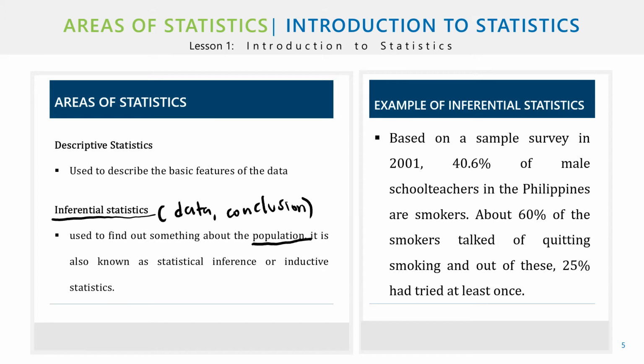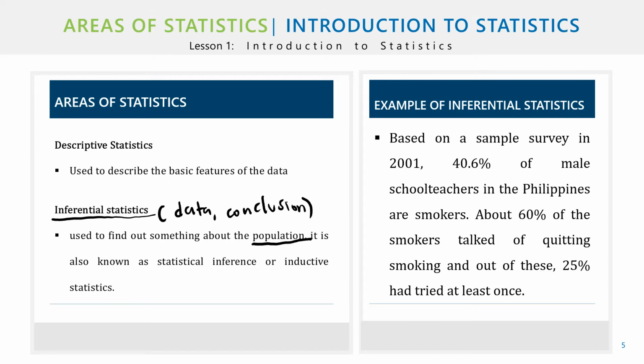Since there are inferences about the population, di ba meron tayong population na kinuha, and based on the sample data, ano yung sample data na kinuha natin? Those are the male school teachers in the Philippines. So we refer to them as inferential statistics.